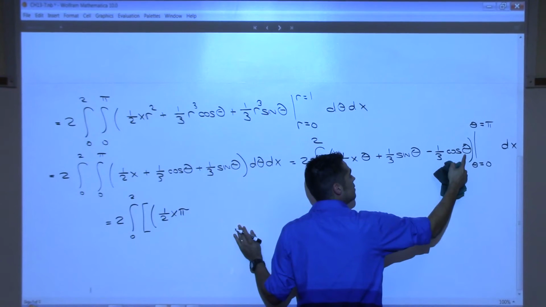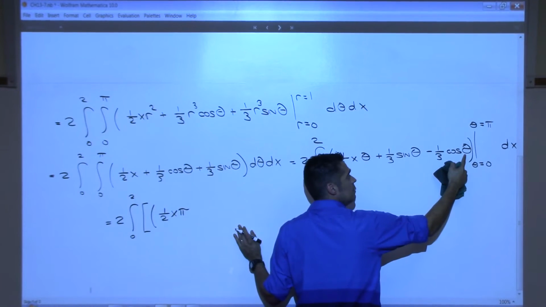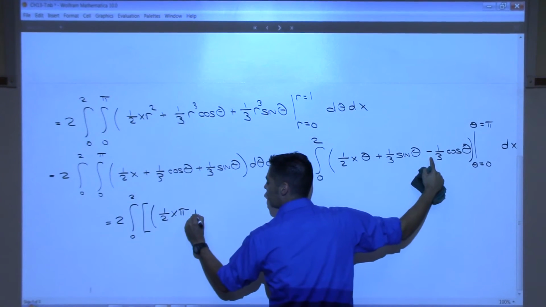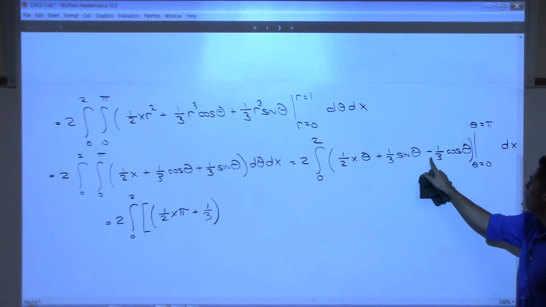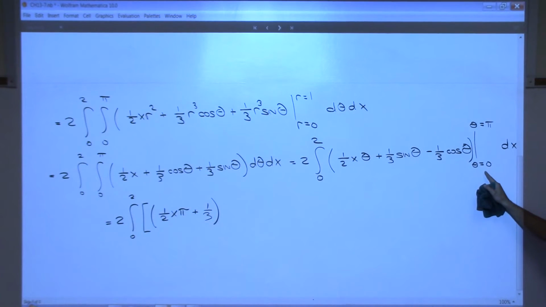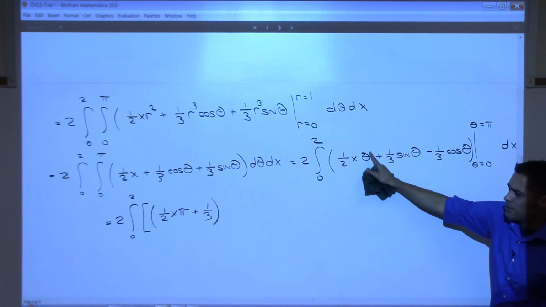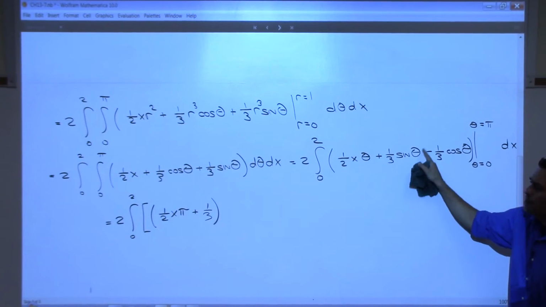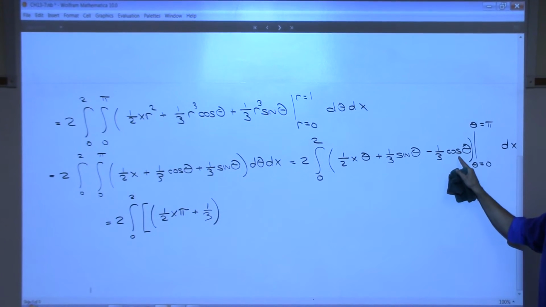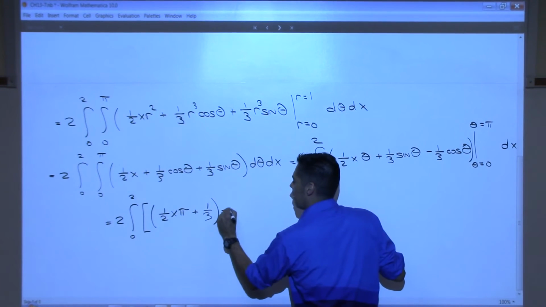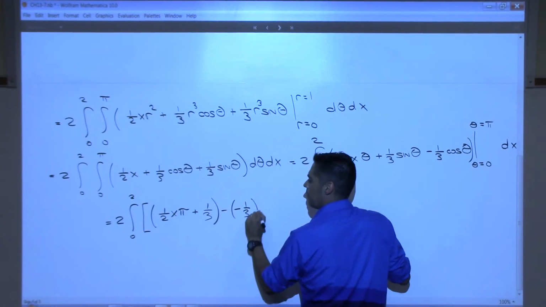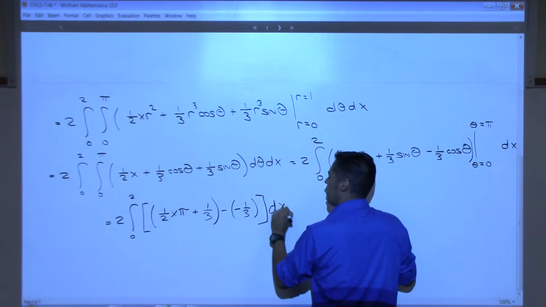Cosine of pi, -1 times -1/3, so plus 1/3. Agreed? When you plug in 0, be careful because not everything goes away. Theta goes 0 here, that's gone. Sine of 0, that's gone. Cosine of 0 is 1, but then minus 1/3, but we're subtracting this one, right? So minus 1/3. So it's going to be plus 1/3, isn't it?